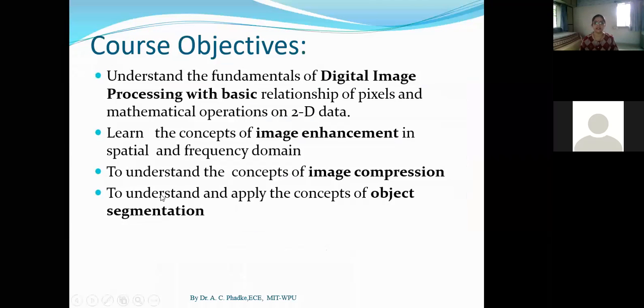For this open elective course, these are the course objectives. First, to understand the fundamentals of digital image processing.